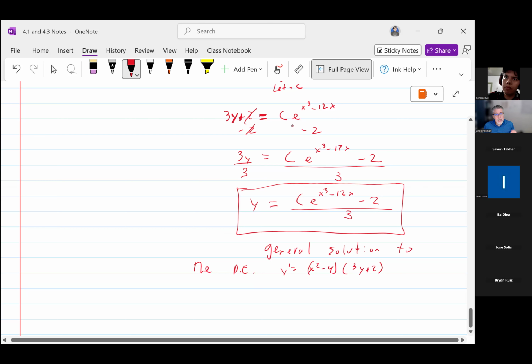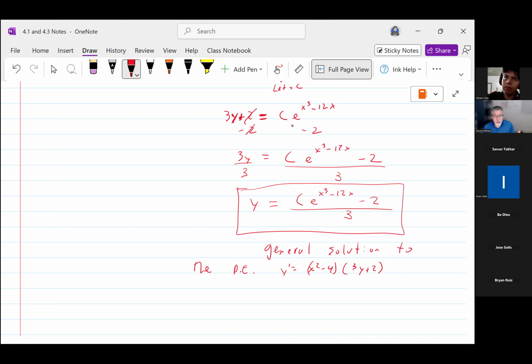If I wanted a particular solution, I would just need a point. One point from my solution to give me a value.